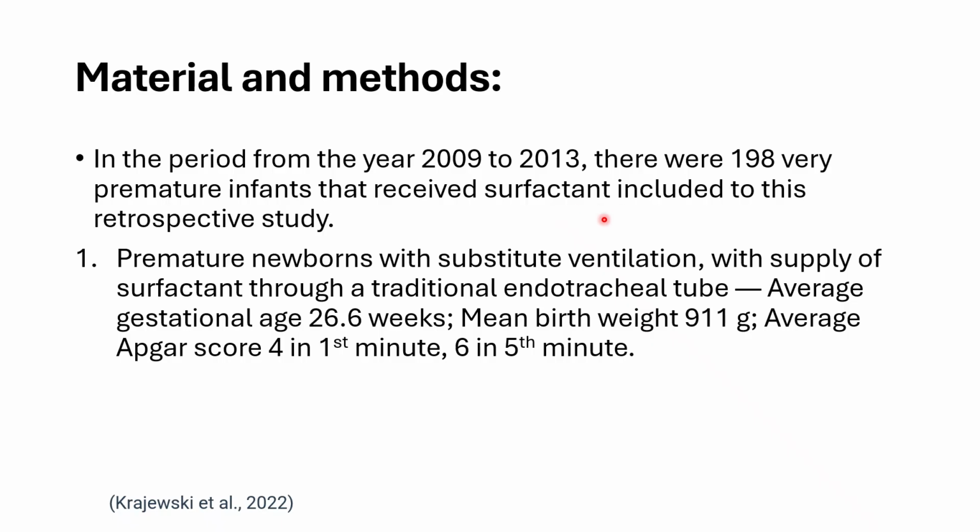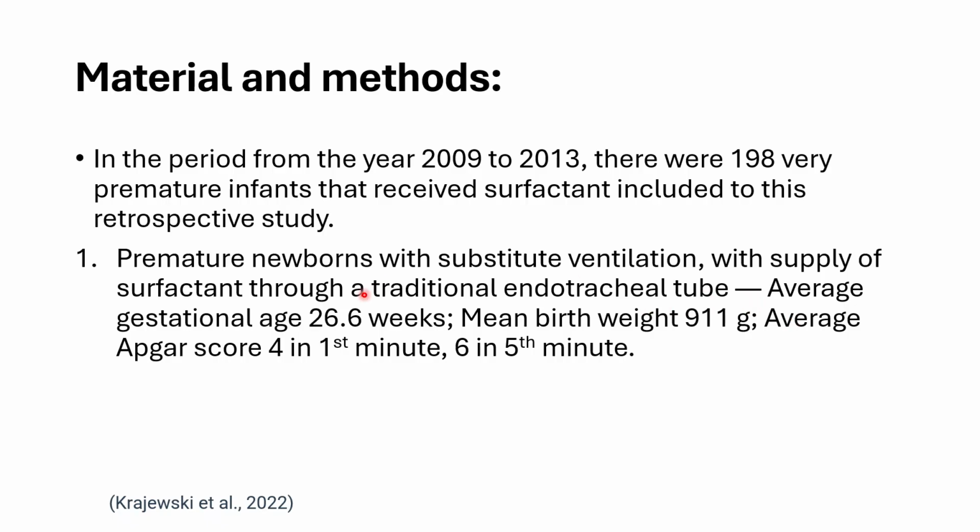In the first one, they used premature newborns with substitute ventilation, with the supply of the surfactant through the traditional endotracheal tube.